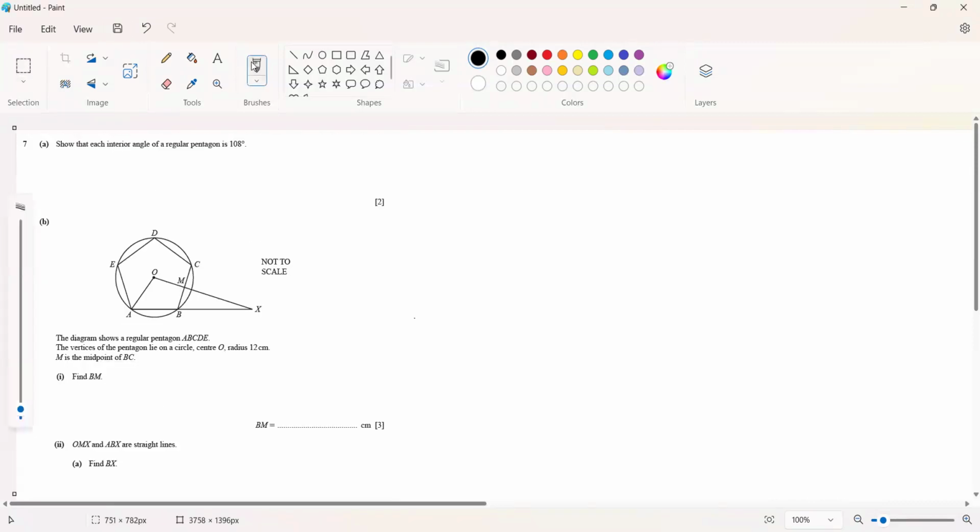So in question 7, show that each interior angle of a regular pentagon is 108 degrees. So in our proof, we know that the total interior angle of an n-sided polygon, a regular n-sided polygon to be precise, is n minus 2 times 180.